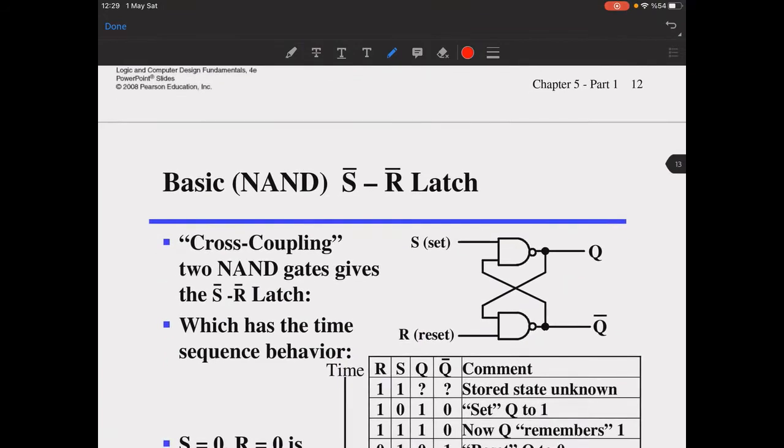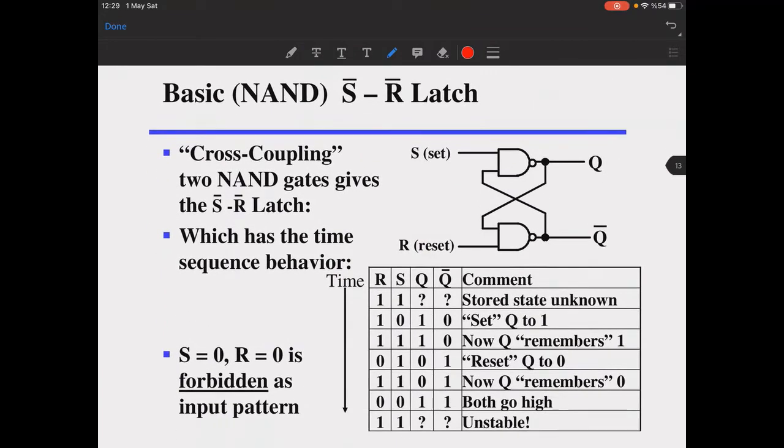Okay, now let's continue with the basic reset not latch. It is created with the interconnection of your NAND gates here. When you cross couple them like this, this output is connected as its input, and this output is connected as its input like this.